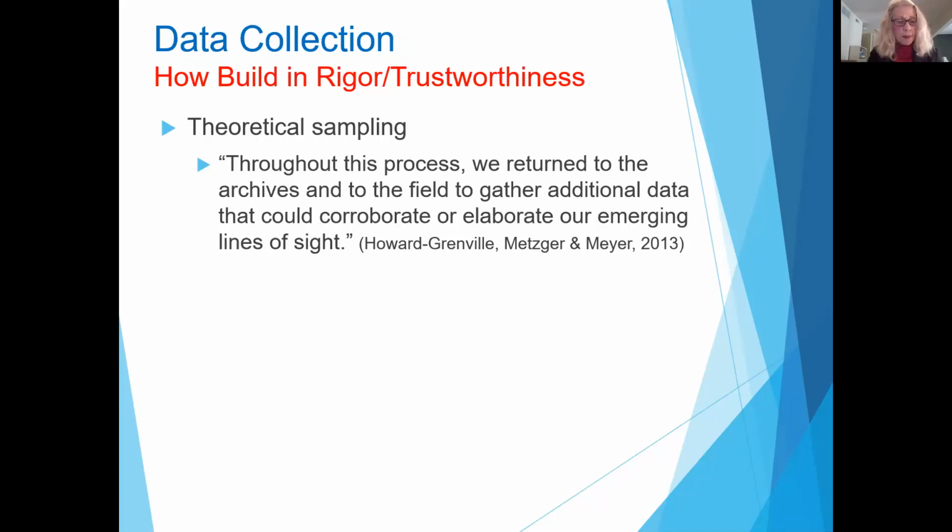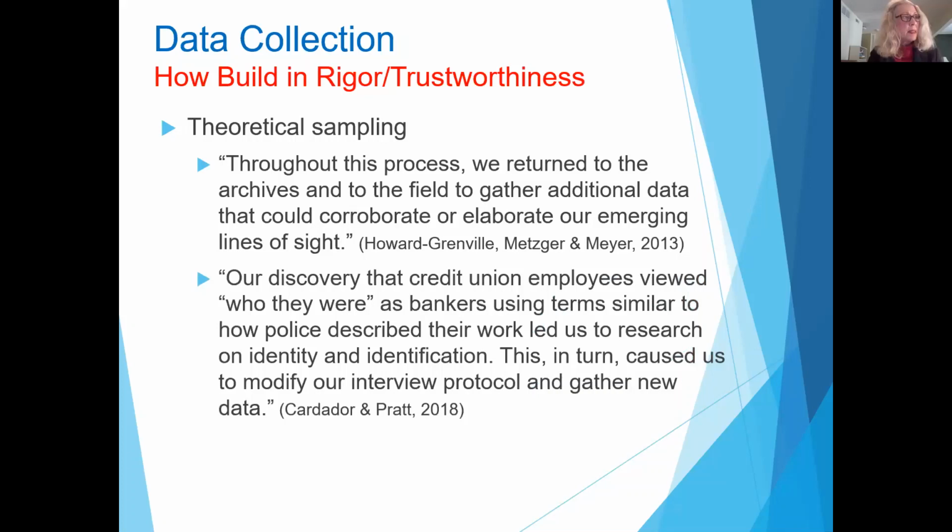As another example, in an AMJ paper by Teresa Cardador and Mike Pratt, for which I had the pleasure of serving as associate editor, they too mentioned sampling on the data. Our discovery that credit union employees viewed who they were as bankers using terms similar to how police described their work led us to research on identity and identification.